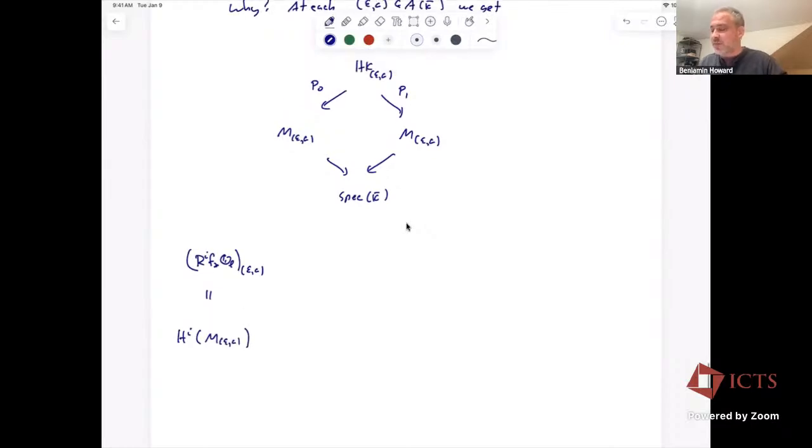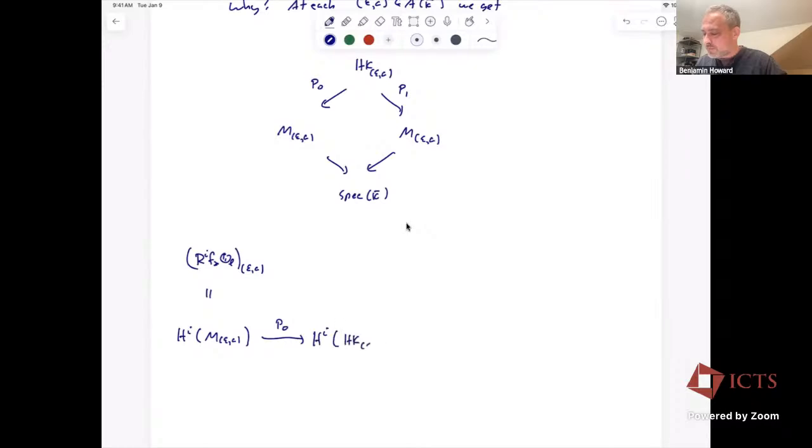If I have a cohomology class in this Hitchin fiber, I can pull back by P0. And then I'm going to take its cup product with the Chern class of the tautological bundle on the Hecke stack to shift the degree up by 2.